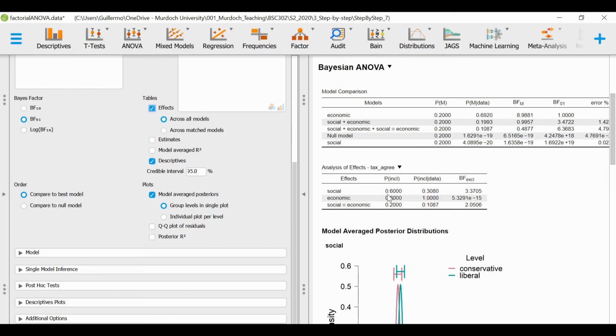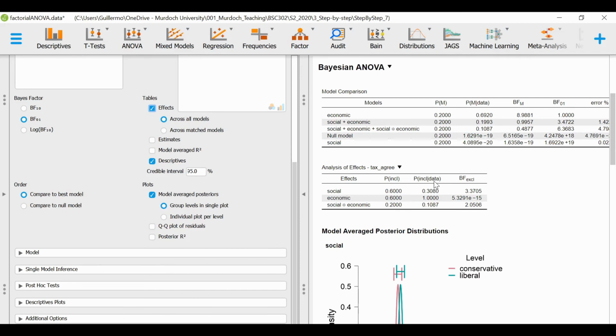The variable economic also appears in three models: economic alone, social and economic, and social, economic and the interaction. So likewise, it has a prior probability of 0.6. And the interaction appears in only one model, the model with the interaction. Therefore, the prior probability is 0.2.